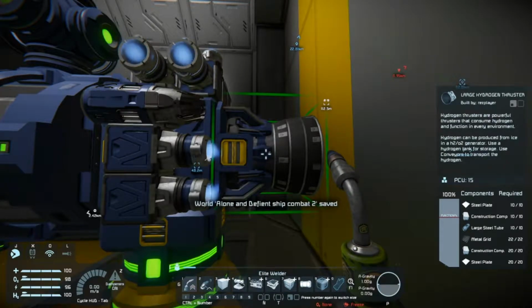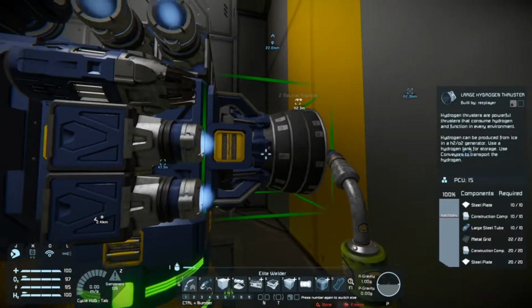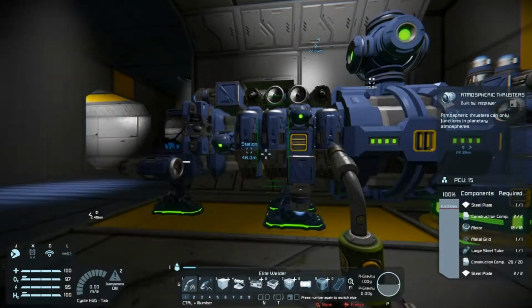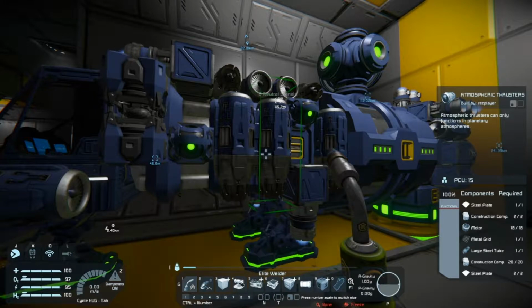These use the least electricity of all of the thrusters. They have a thrust capacity comparable to your atmospheric thrusters.